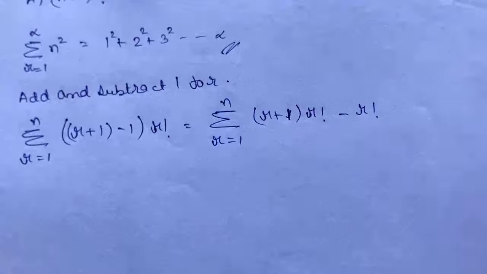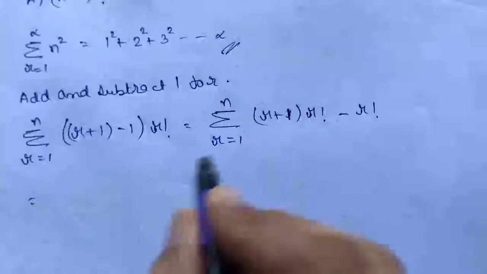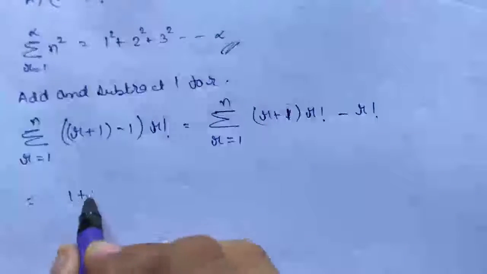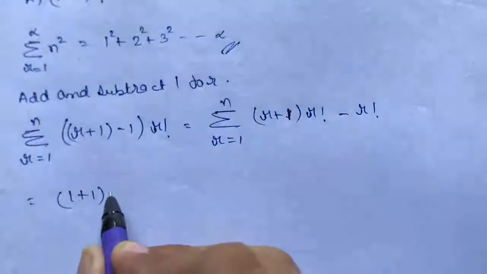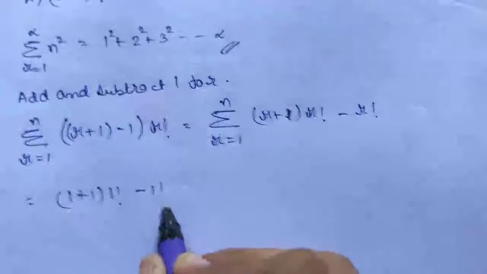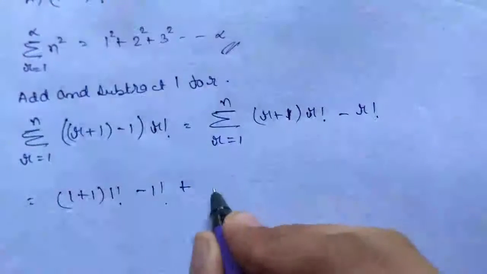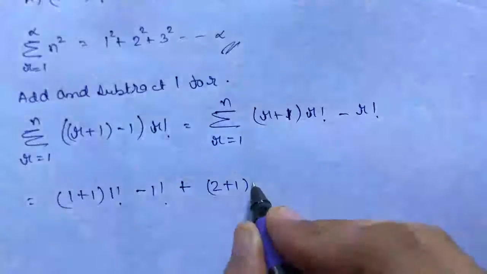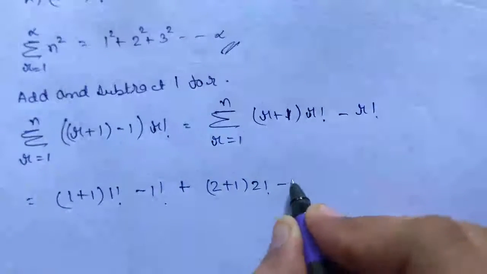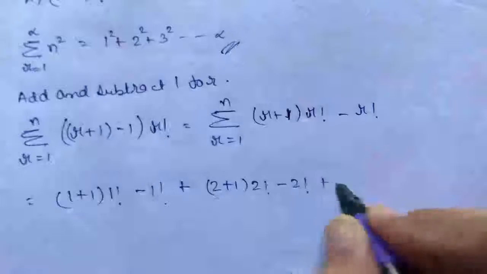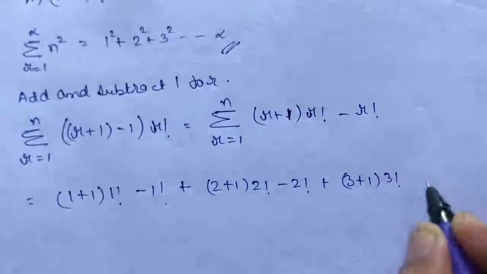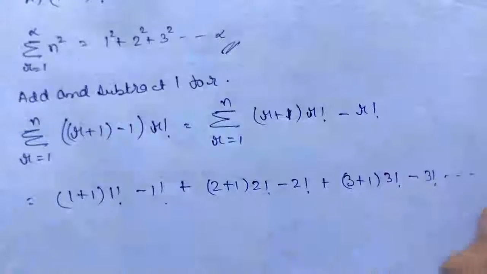Okay, now we'll start putting in the values of r. If r is taken as 1, it will be (1 plus 1) into 1 factorial minus 1 factorial, plus (2 plus 1) into 2 factorial minus 2 factorial, plus (3 plus 1) into 3 factorial minus 3 factorial, and so on.